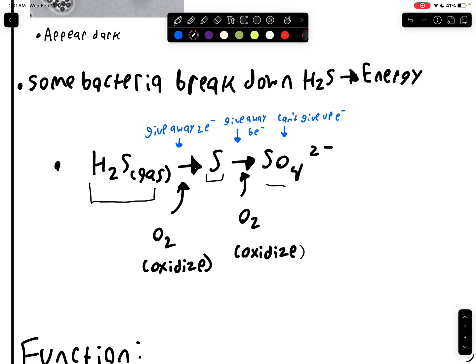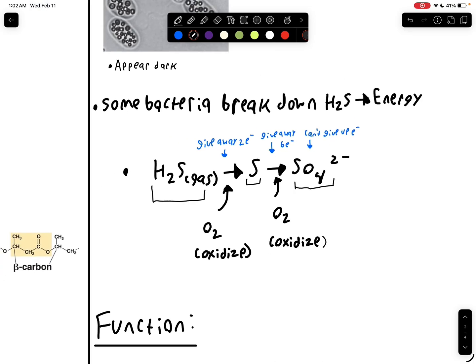And then you get to this last species, which is the SO4 2-, that can't give up any more electrons. And so what you see is that you've given up 8 electrons through this process, which is a lot of electrons that you can use as a form of energy.